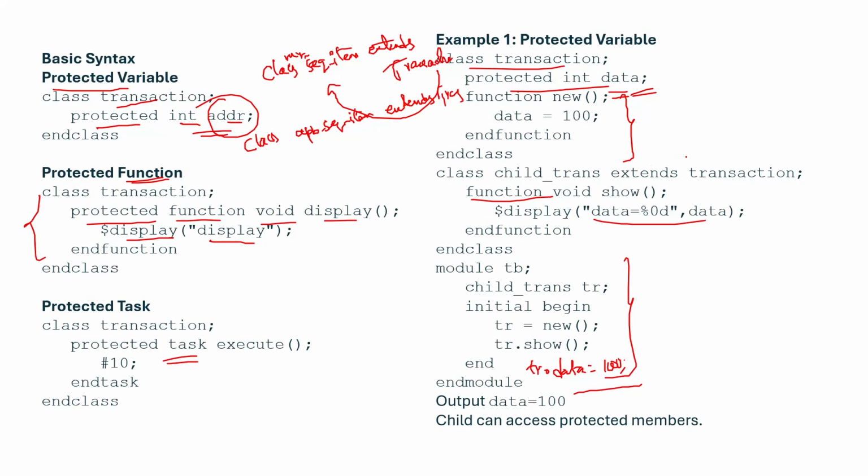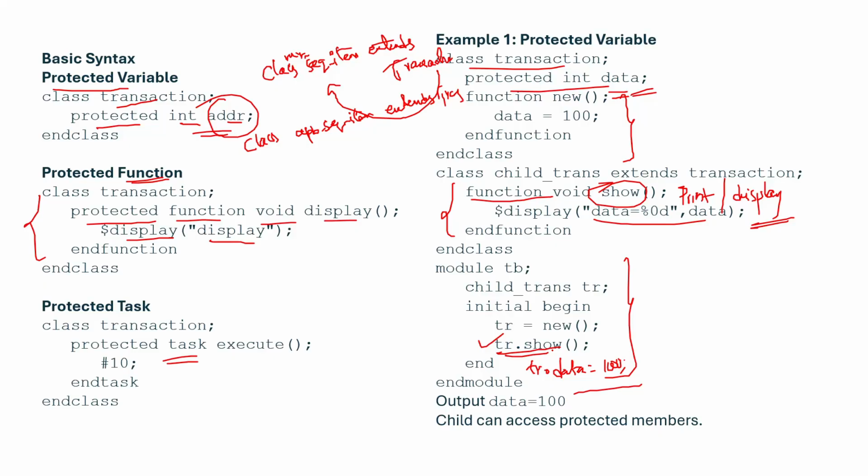So here I'm writing show, or I can write print, or display, anything. Then this method we are calling in our TB. Transaction dot show. Then that method goes to your parent class, then you get the value from the parent class. It is displayed in your child class. Then the child class can give you the value for your test.